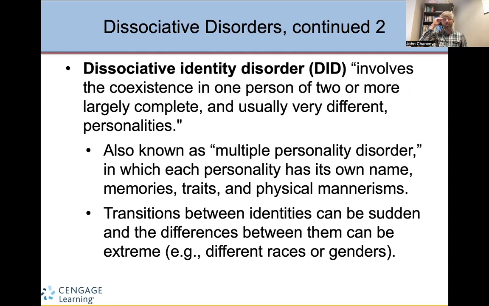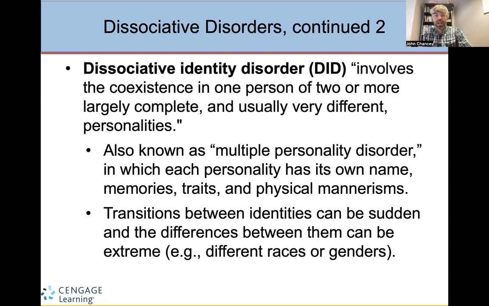However, this is a little bit different from DID, dissociative identity disorder, formerly known as multiple personalities. This is where an individual has multiple personalities residing in the same body that could be very different from one another. Each one might have their own name, memory, traits, physical mannerisms, vocal tones, things like that.